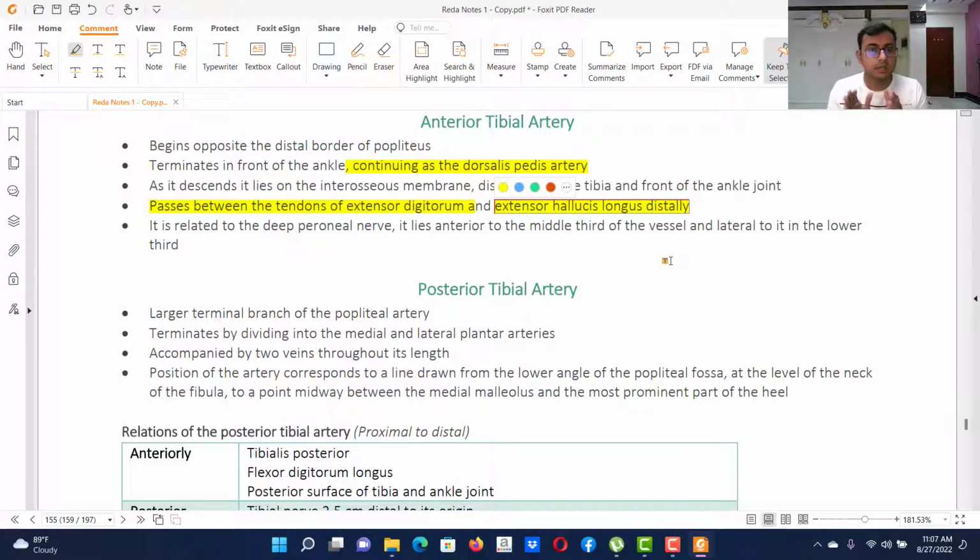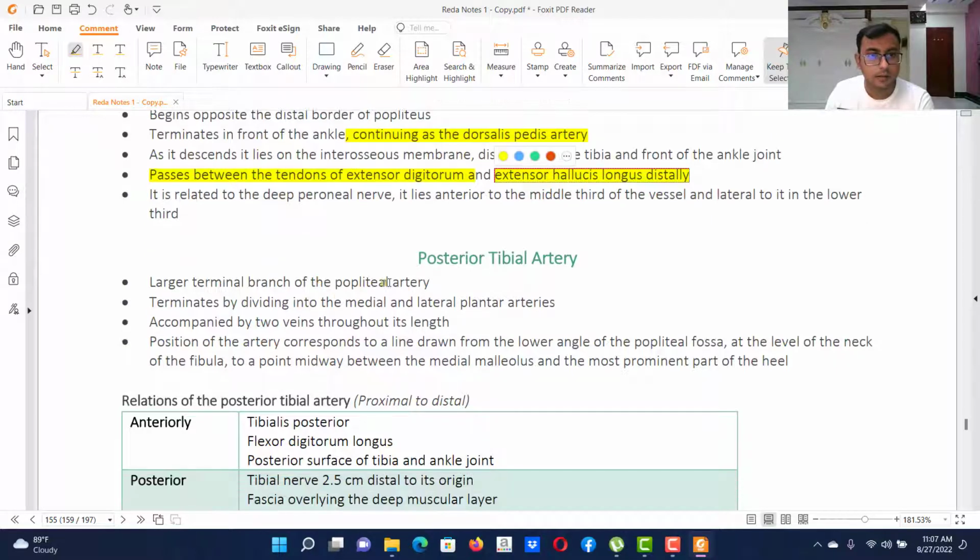So sometimes there is a question: the anterior tibial artery lies in between which muscles? That is the extensor digitorum longus and the extensor hallucis longus. It is related to the deep peroneal nerve, so it is present within or adjacent to it. It lies anterior to the middle third of the vessels and lateral to the lower third.